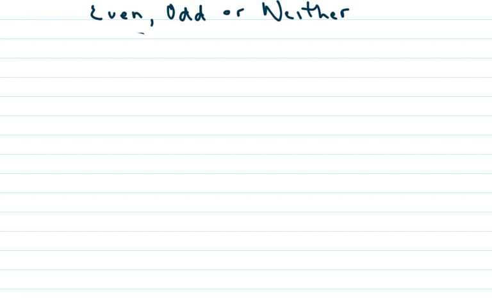For example, the definition: if a function is even, then f of negative x, if you plug in a negative here, goes back to the regular function f of x. All right? So that's if it's even.